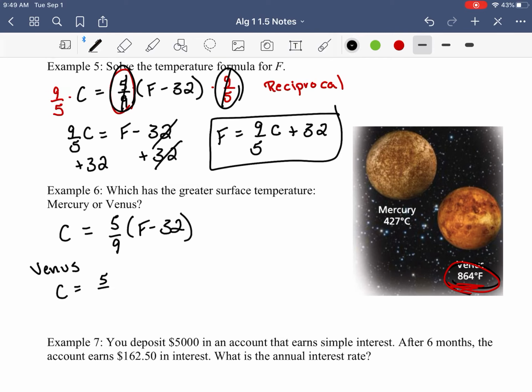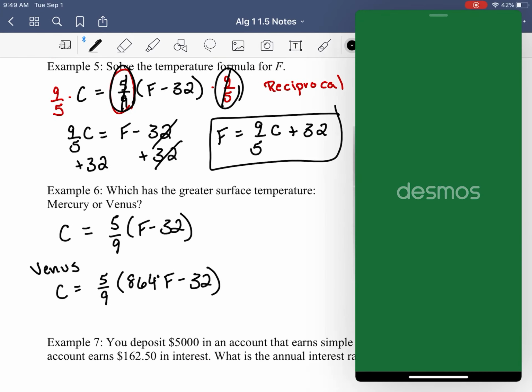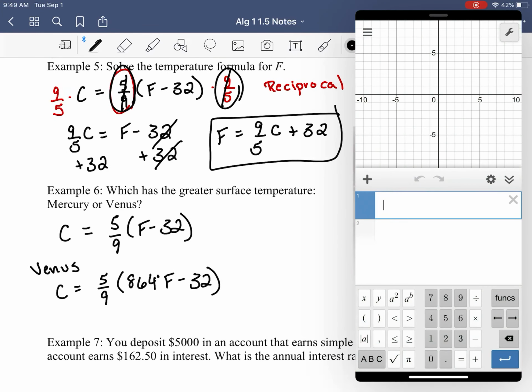Celsius is equal to 5/9 times 864 degrees Fahrenheit minus 32. So I need to take 864 degrees Fahrenheit, subtract 32, and multiply by 5/9. So I'm just going to do 5/9 times 864 minus 32.